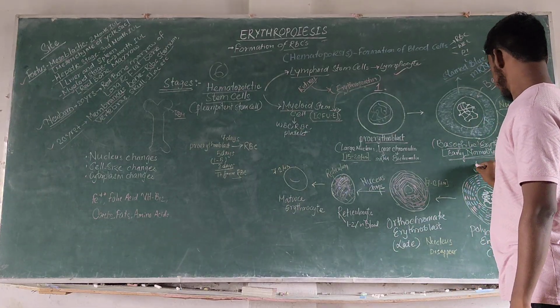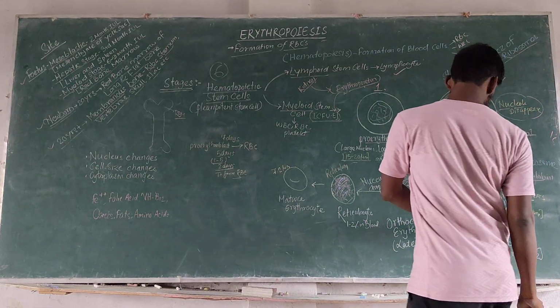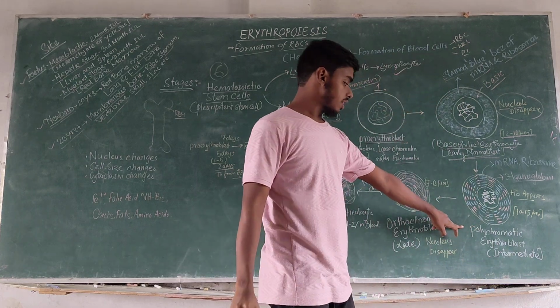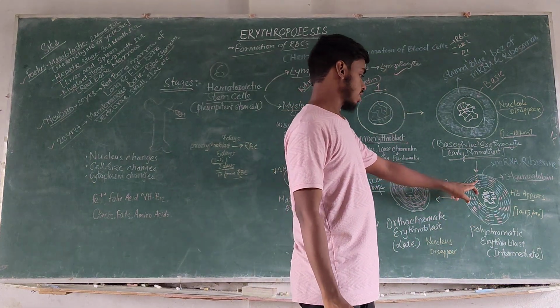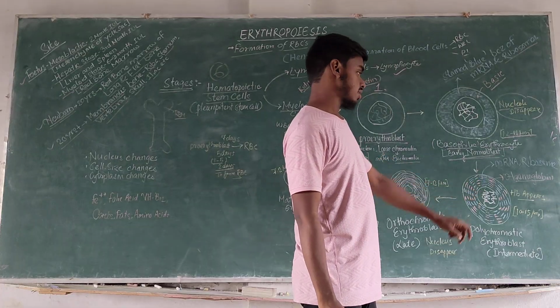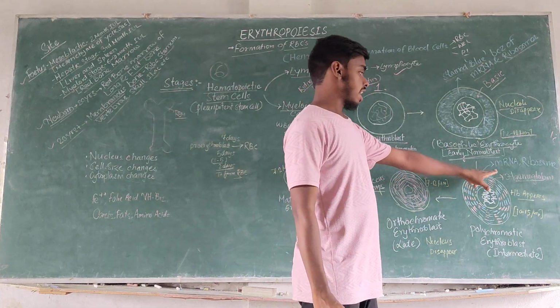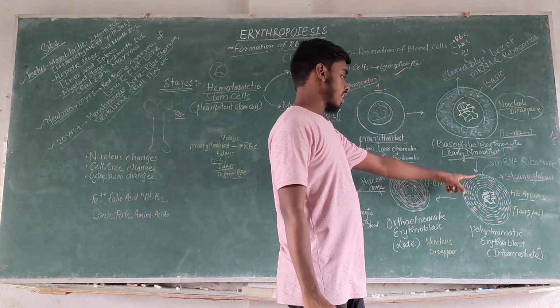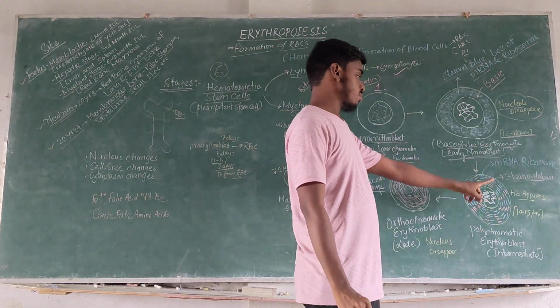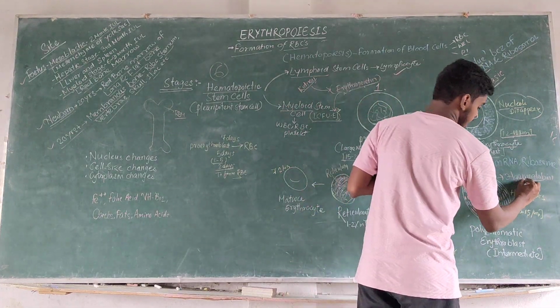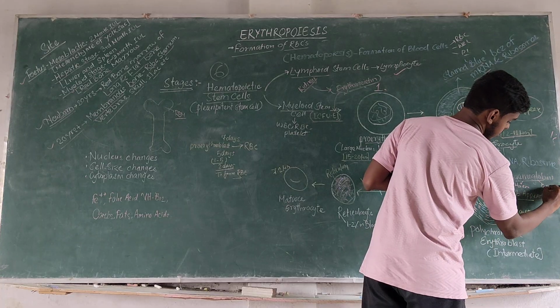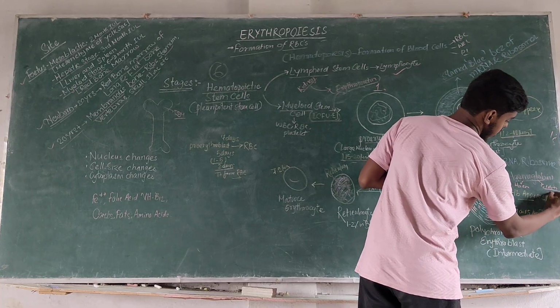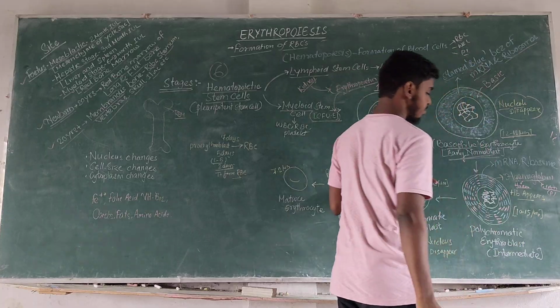And next, third stage, we can see here the polychromatic erythroblast or intermediate normoblast. What happens here? You can see blue lines and red lines. What are the blue lines? These are mRNA and ribosomes, and the red lines are hemoglobin. Hemoglobin is heme and globin. Globin is the protein part and heme is the iron.